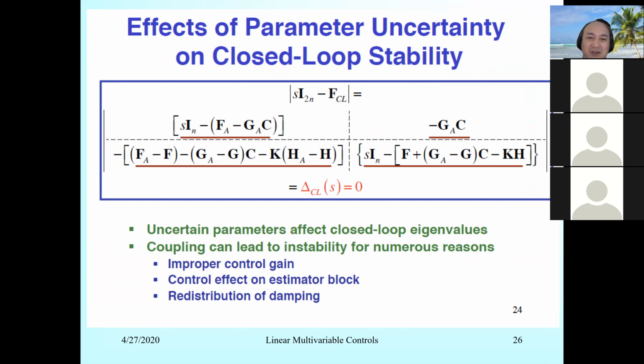And so they also affect all the closed loop eigenvalues. That's stability, response, everything. So this coupling, due to the mismatch or uncertain parameters, can lead to instability, through improper control gain, estimator block control effect on its coupling, and the damping is redistributed over the eigenvalue modes.